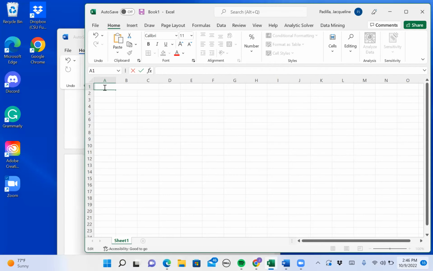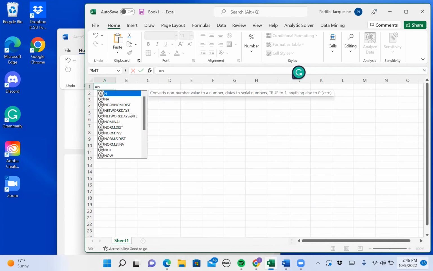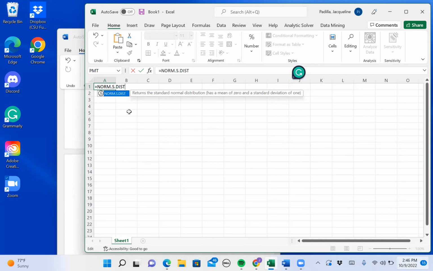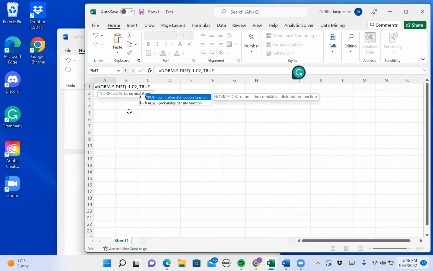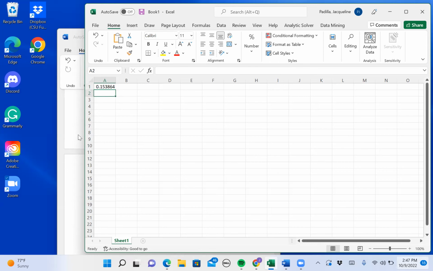And in here, we're going to put in the formula, which would be NORM.S.DIST. And then we would put in our test statistic from the previous question, which was 1.02. And then our cumulative here would be true. And so when we press enter, in Excel we'll get this value.